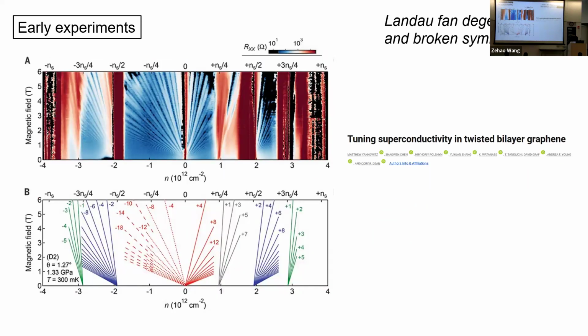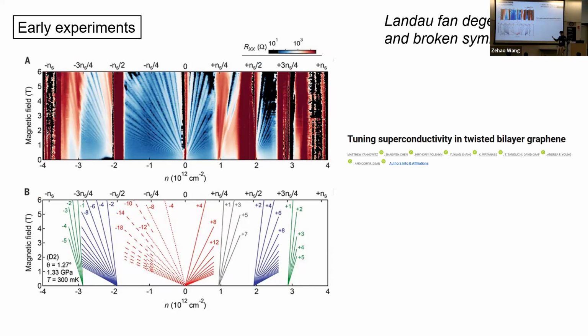Yeah. So the Landau fans were nice evidence for symmetry breaking, right? This is basically magnetic transport. This is magnetic field versus density, and the slopes of these lines can reveal information. These are basically Shubnikov-de Haas oscillations, right? And the slopes of these lines can tell you information about the Fermi surface degeneracies in your material.